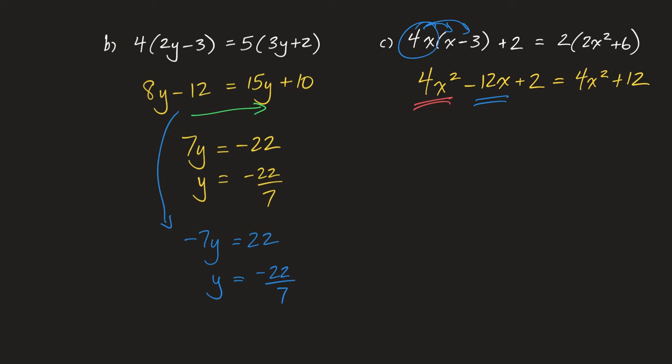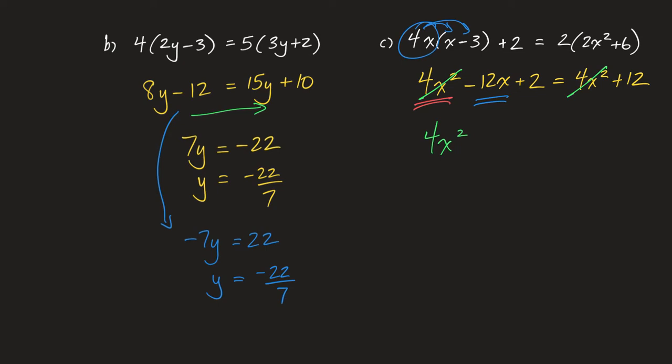Both sides are simplified. So what we try to do then is collect all of our variables into one term. And what we really like about this is regardless of what side you try to put your variables on, your x squared terms cancel out. Just for instance, if I tried to put my variables on the left side, then I'm going to have a 4x squared, and I'm going to have to get rid of this 4x squared on the right.